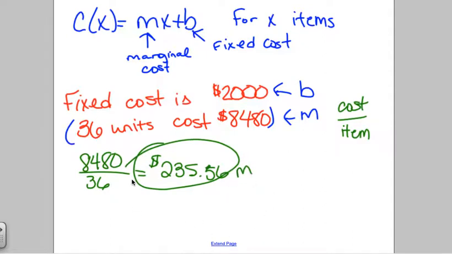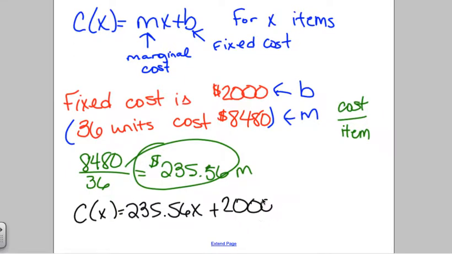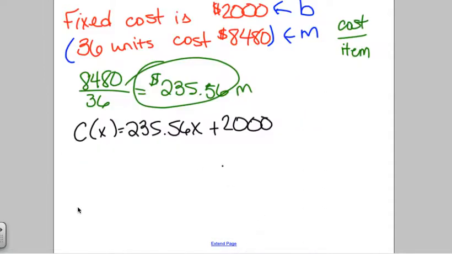So now my cost equation is C of x equals 235.56x plus 2,000. So from here you could find out how much it costs to make 1,000 items, how much it costs to make 612 items. You could plug in your x value to get a cost for that amount of items.